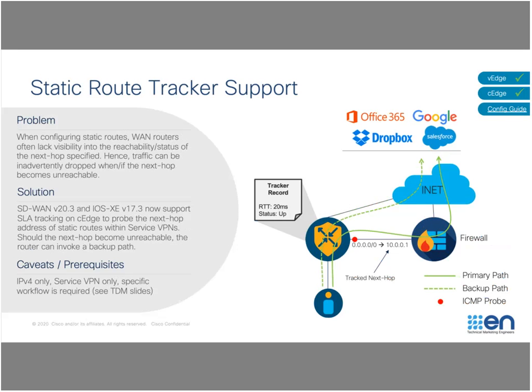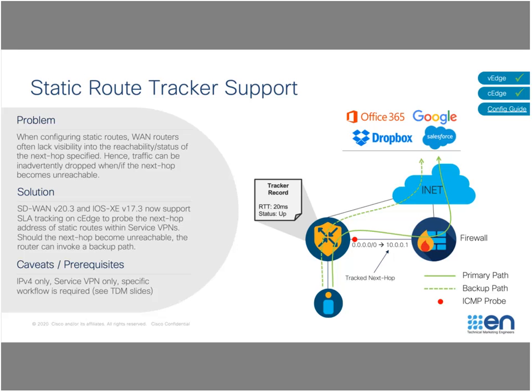This is kind of the same concept here, except in a branch, you might run into a situation where instead of sending traffic directly out to the internet through a direct internet access circuit from the SD-WAN router, you may want to send that traffic to a firewall first, or a lot of customers like to do that if there's an on-site firewall. So in that case, your default route might be a 0-0 route pointed to a firewall that's sitting adjacent to the router at that branch location.